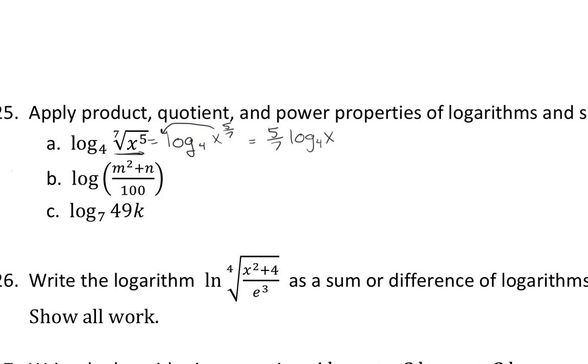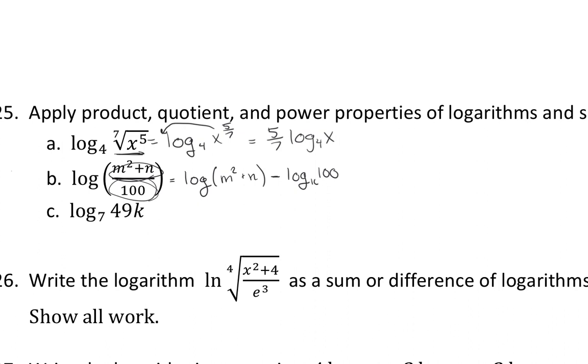This one, we're going to take it apart since we are dividing here by 100 and m squared plus n, we're going to separate those out. It's going to be equal to m log of m squared plus n. And then since we're dividing, that's going to be subtraction. So minus log of 100.